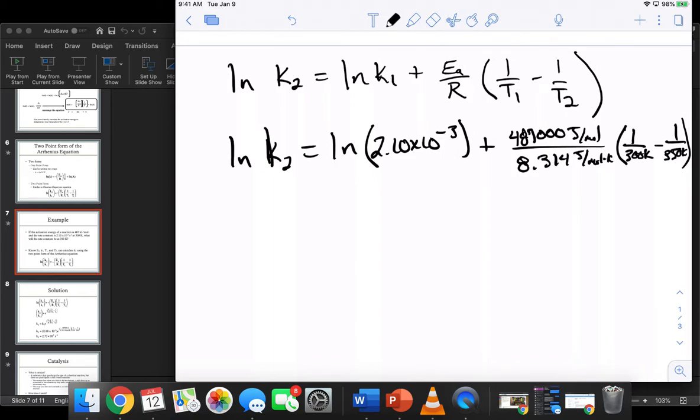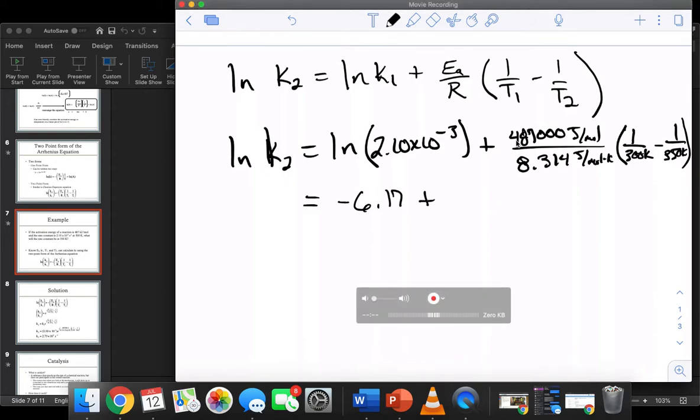Which I get as negative 6.17, plus I have 487,000 over 8.314.